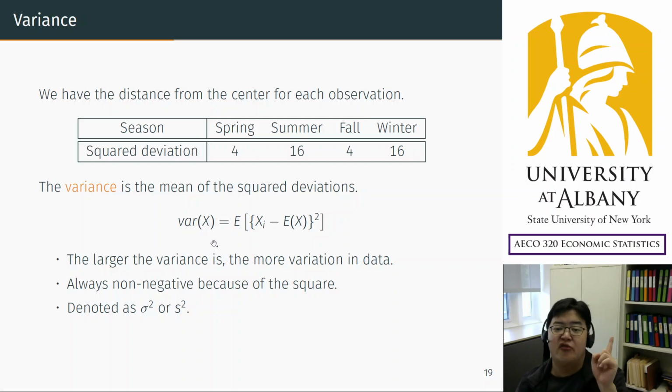It takes only one value with 100%. Then variance is 0. Later, we are going to denote the variance as sigma squared, the Greek letter sigma squared, or lowercase letter s squared, s or sigma, right?